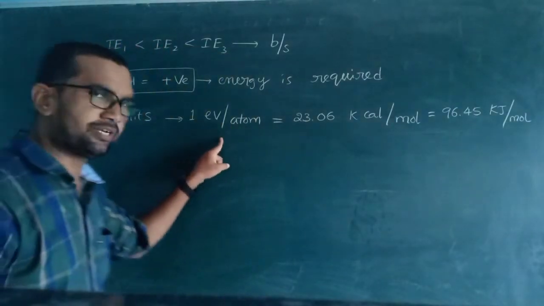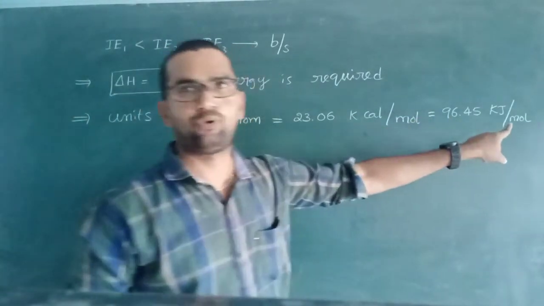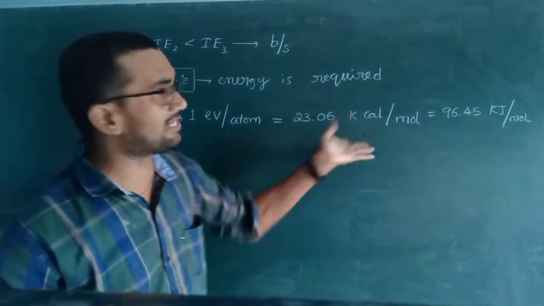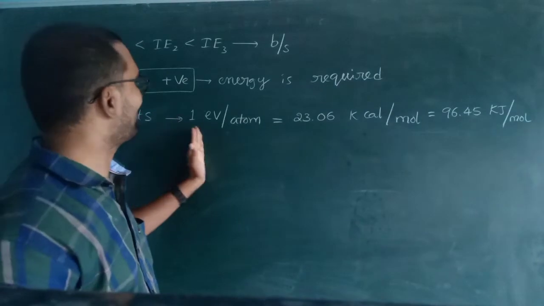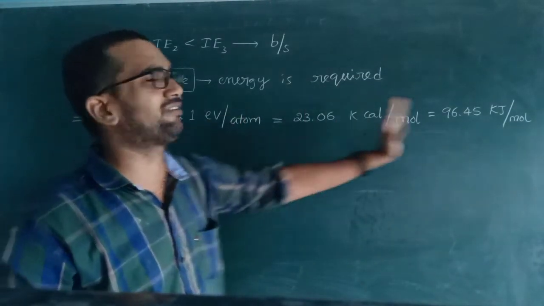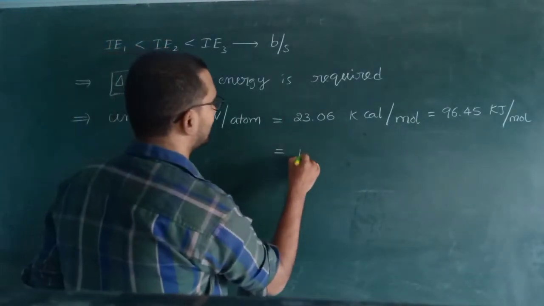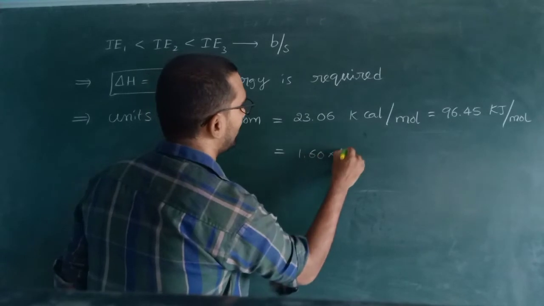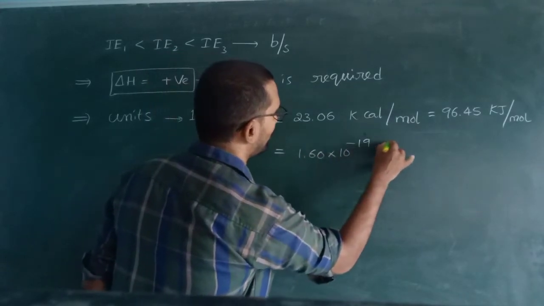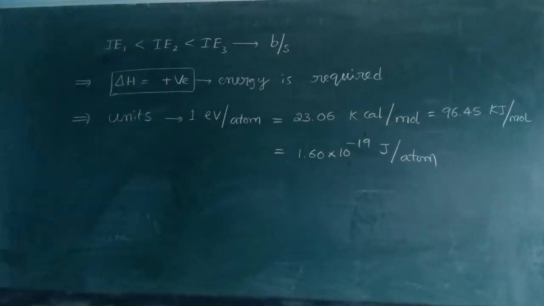So electron volt is one unit, kilocalorie per mole is one unit, kilojoule per mole is also one unit, and these values are conversions. And one more: 1 electron volt is 1.60 into 10 to the power of minus 19 joule per atom. These are only units. Write down all of you.